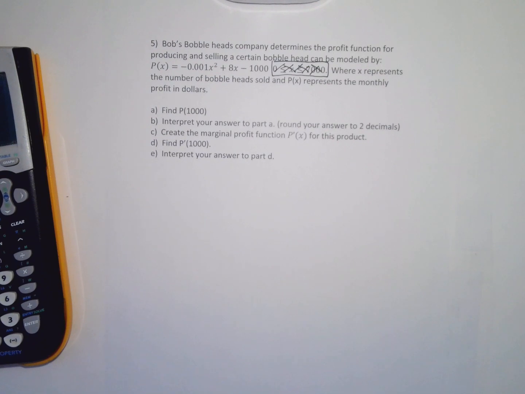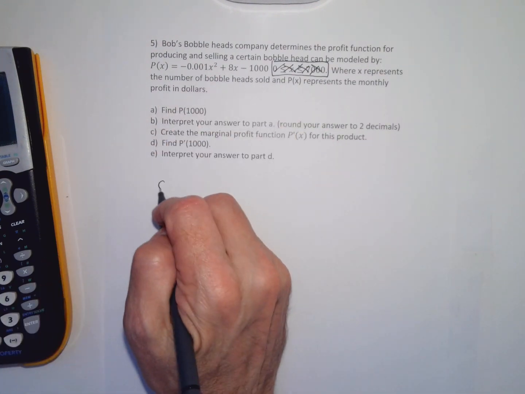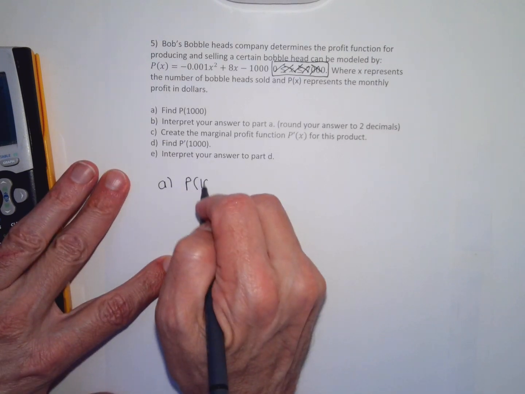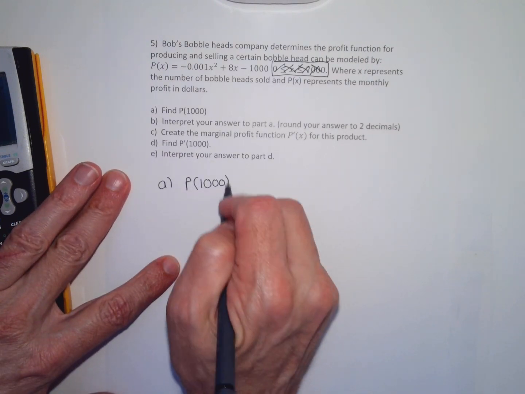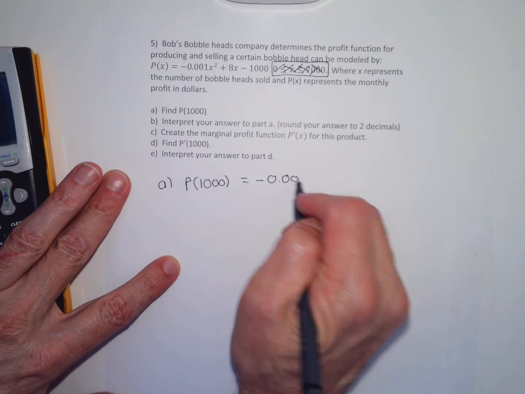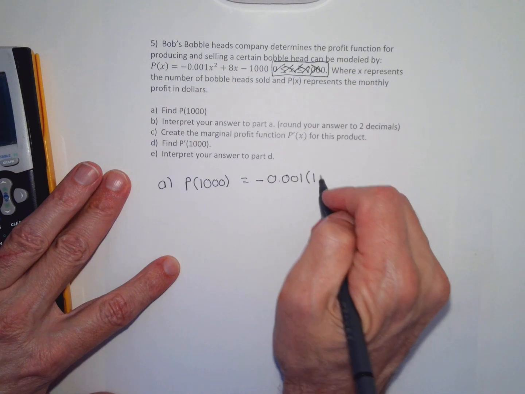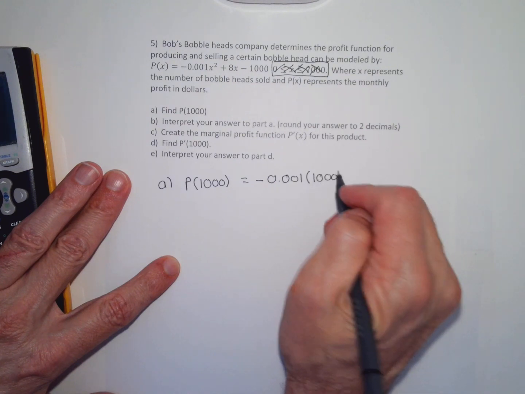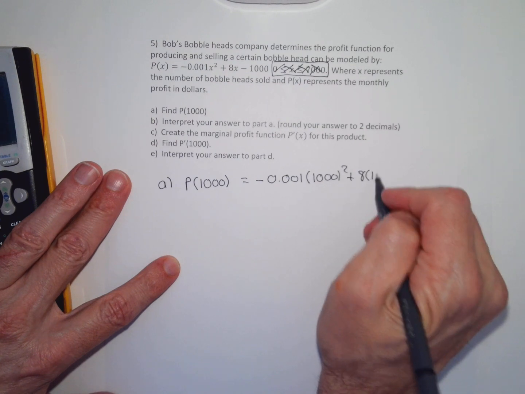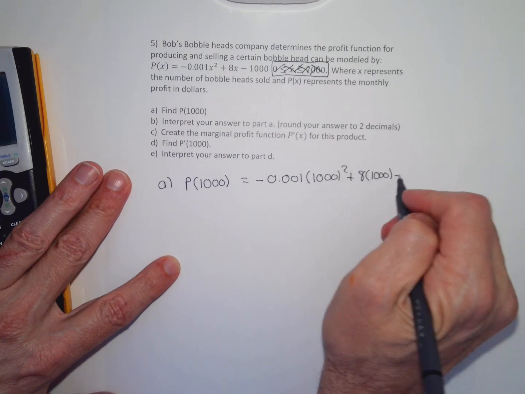Let me do part A. To do part A, I'm just going to take 1,000 and plug it in for the X's. I'm going to get negative 0.001 times 1,000 squared plus 8 times 1,000 minus 1,000.